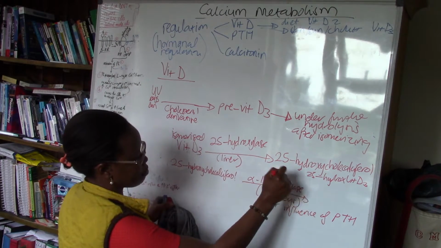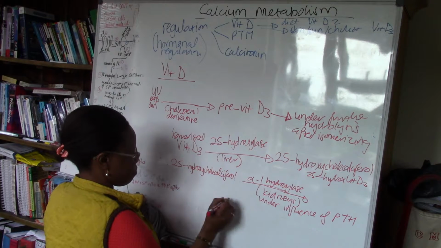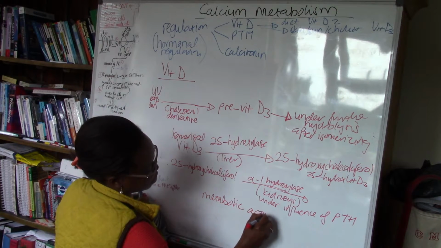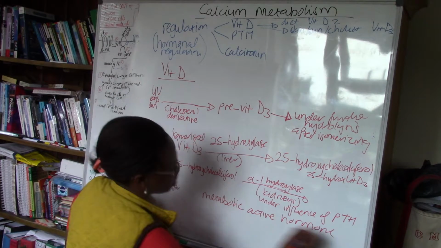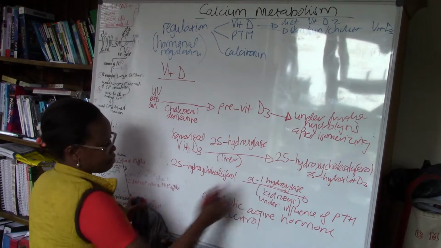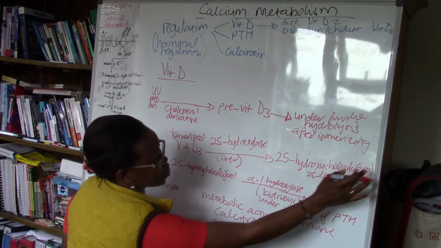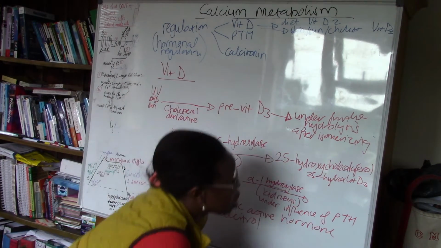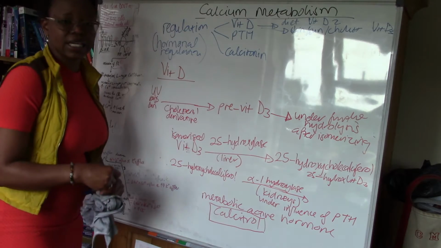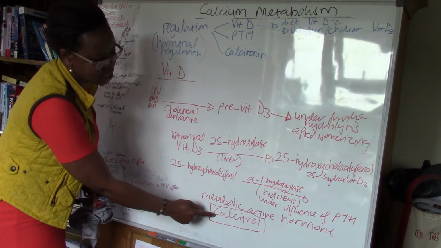So you need parathyroid hormone for this process to occur, which converts it into the metabolically active hormone, which is called calcitriol, the metabolically active vitamin D3.